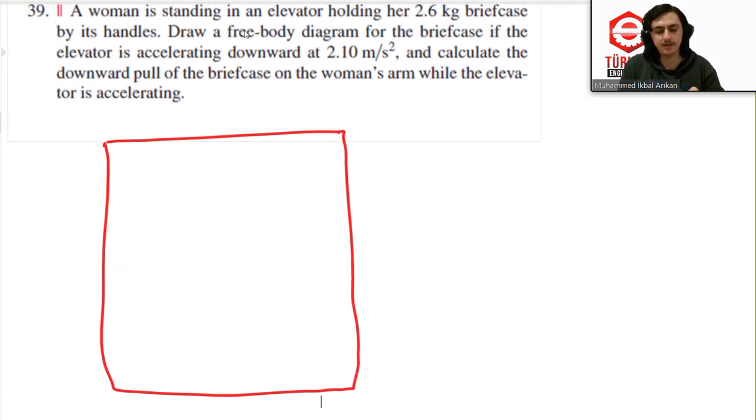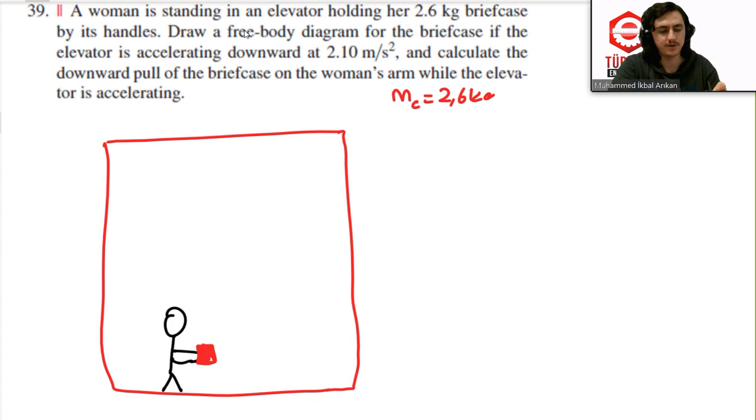So let's see the example. A woman is standing in an elevator. So I will put the woman here. She is holding a briefcase. Just put your case here. And this briefcase has a mass of 2.6 kilograms.